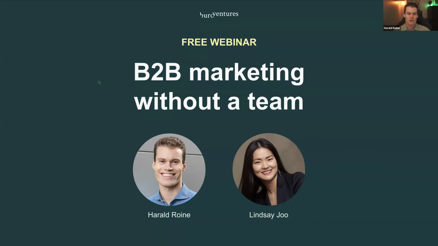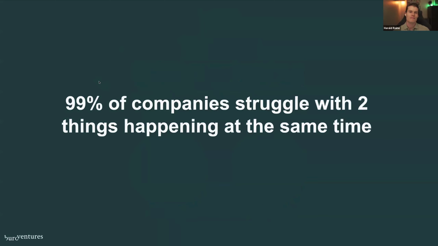To get to it, there's one thing I want to start with: 99% of companies struggle with two things happening at the same time. That's usually one of the reasons why they struggle with their marketing and getting it to really work, feeling that they've cracked the code.